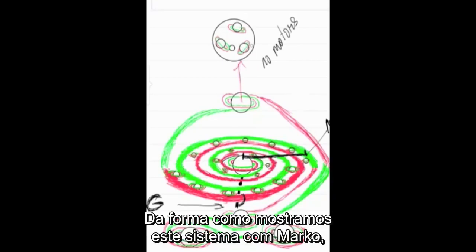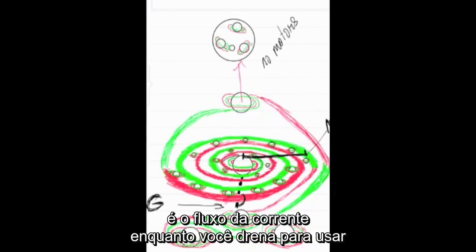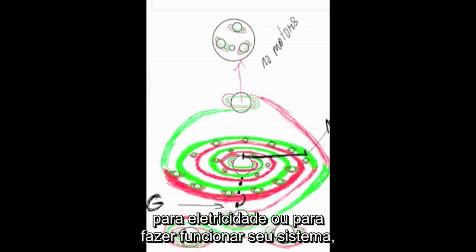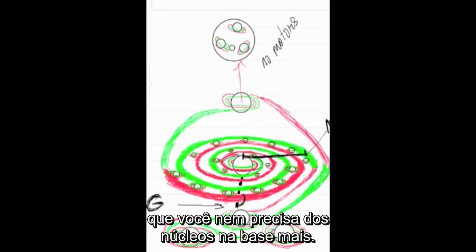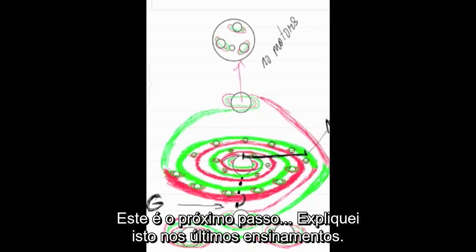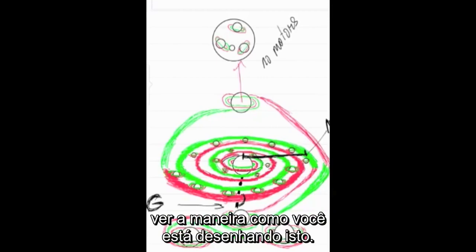With the way that we showed this system with Marco, the current flow as you drain it to use for electricity or for running your system creates a dynamic flow of the plasma, so you don't even need the cores in the base anymore. We explained this before in the last couple of teachings. I understand what you're trying to do, and it's very nice to see the way you're drawing it.